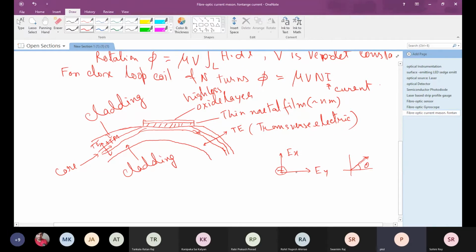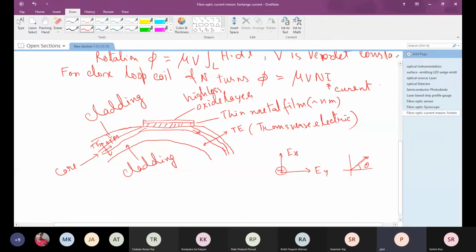Because ultimately the E field relates to the energy of the light. Okay, E into E conjugate will give the energy. So therefore, in that case, if there are two orthogonal components, the net E field magnitude will be the square root of Ex squared plus Ey squared.